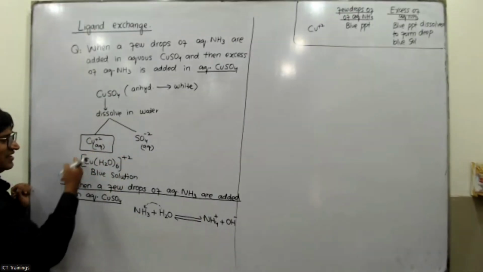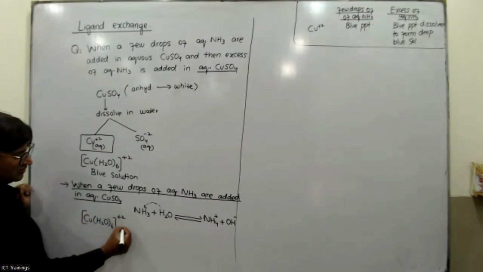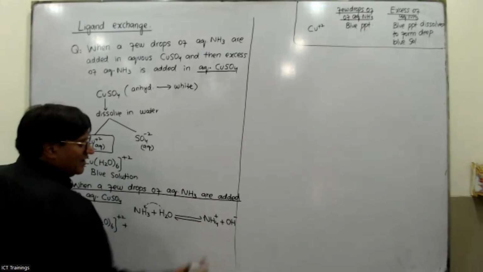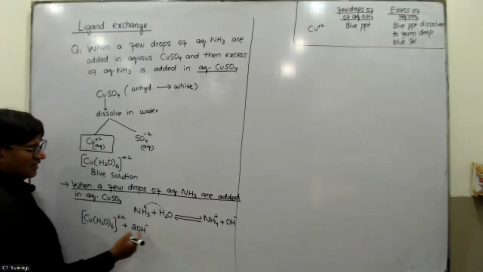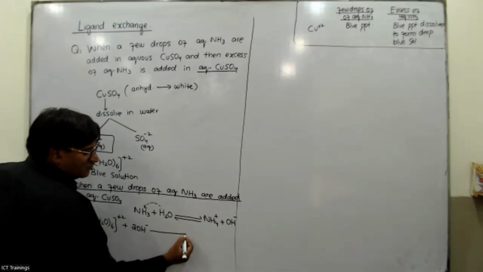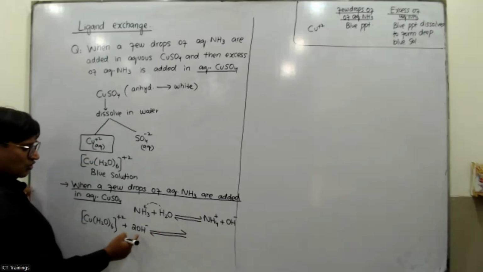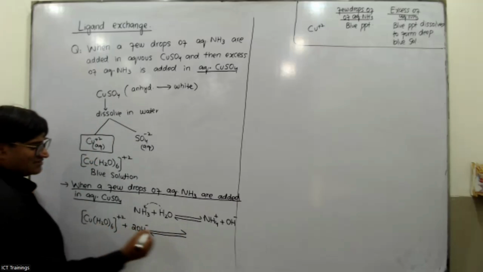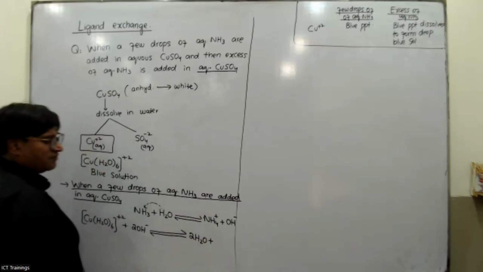You have this thing in the copper sulfate: Cu(H2O)6 with a positive 2 charge. When the concentration of OH minus ions increases, the two OH minus, this is a reversible reaction, would replace two water molecules from here.